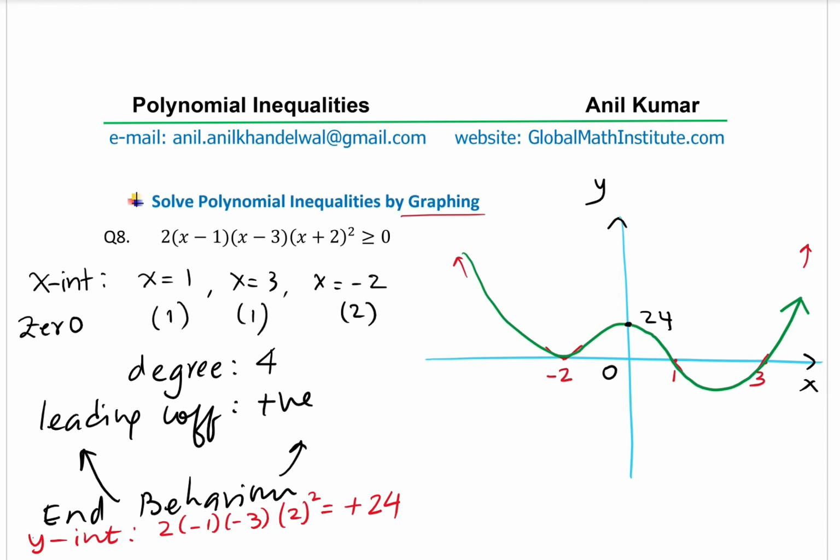Now let's look into the inequality. We are interested in finding greater than or equal to 0. That means the points are included in our solution. And the graph is above when we're looking into this interval.